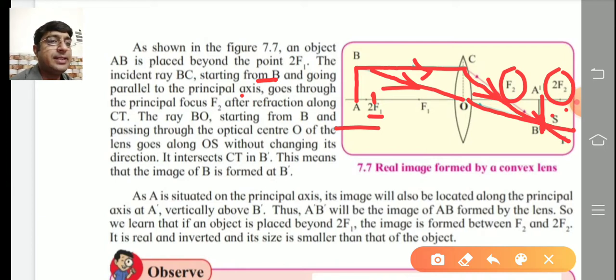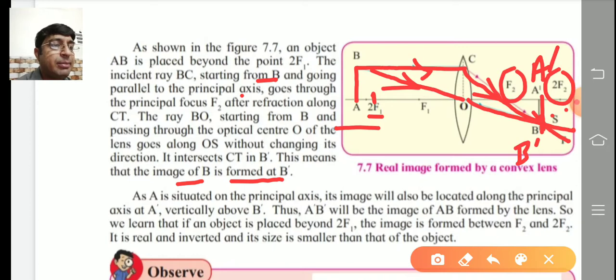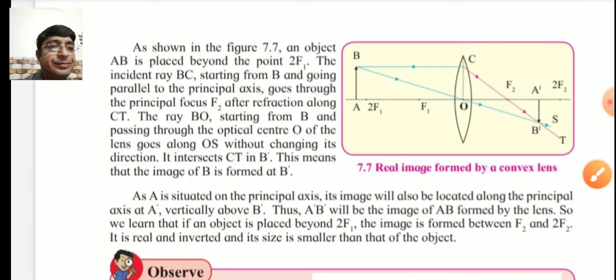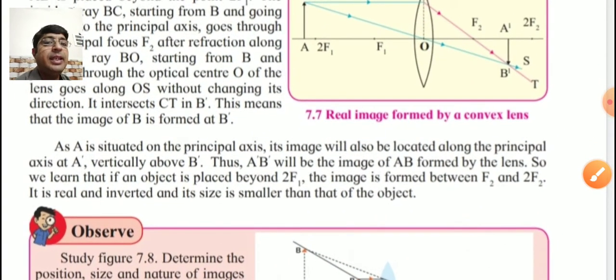It intersects CT at point B dash. This means that the image of B is formed at that point B dash. It is A dash and B dash, so the image is formed on the right hand side. As A is situated on the principal axis, its image will also be located along the principal axis at A dash, vertically above B dash.